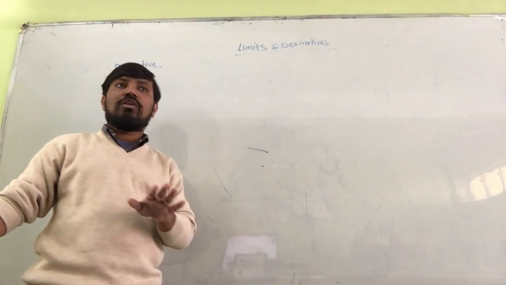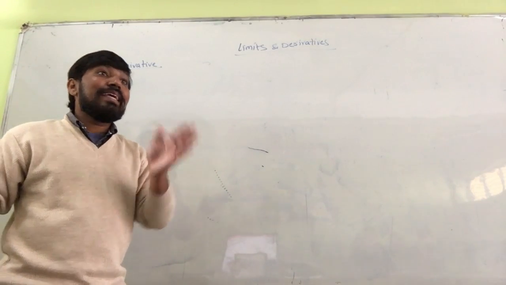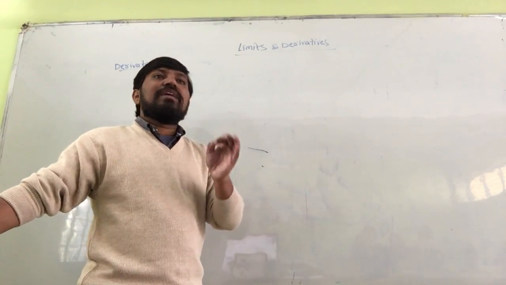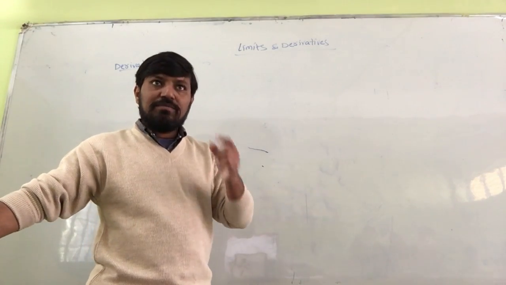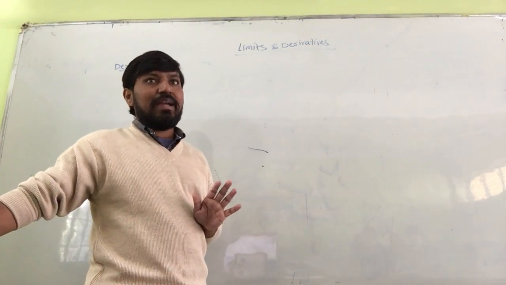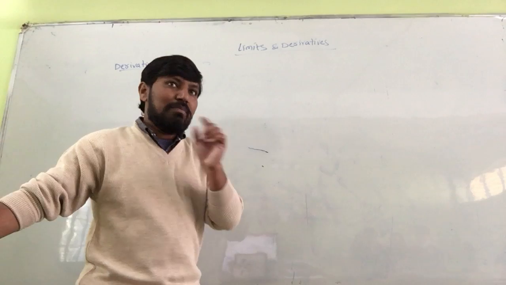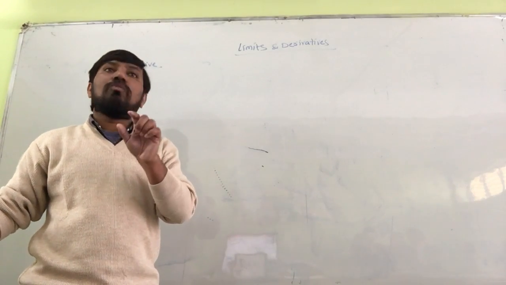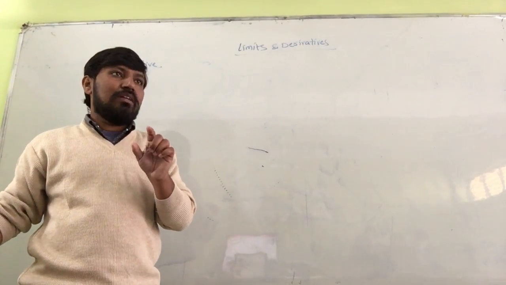That's why it is called a real valued function. That means the range. Whenever a function from A to B is defined, A is called the domain and B is called the codomain. I think you have learned it.